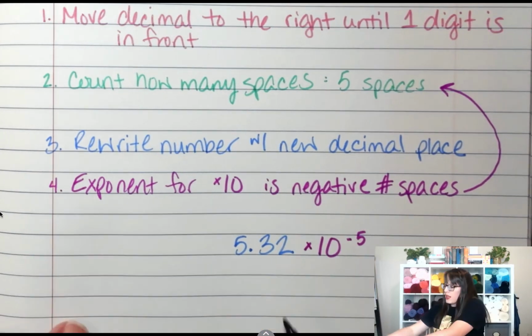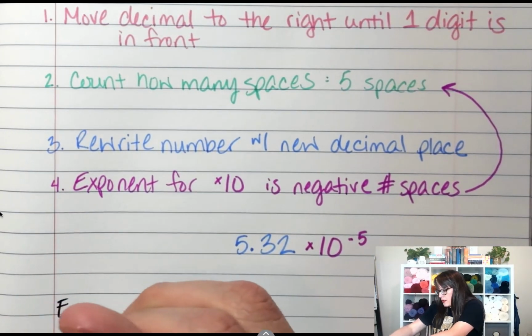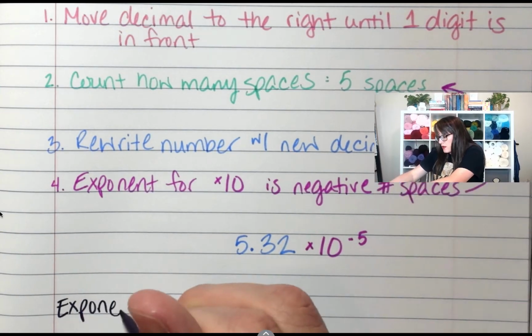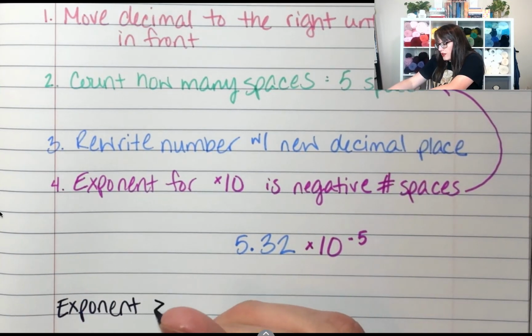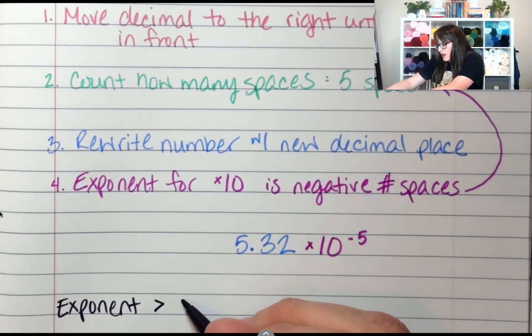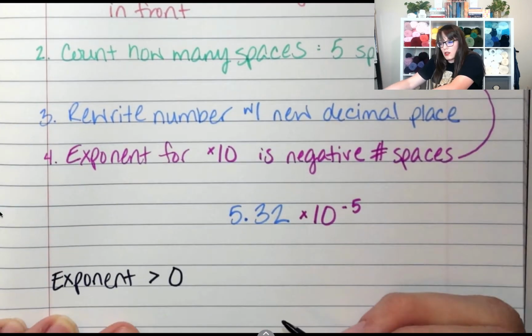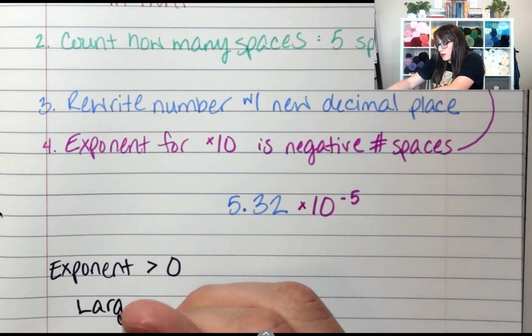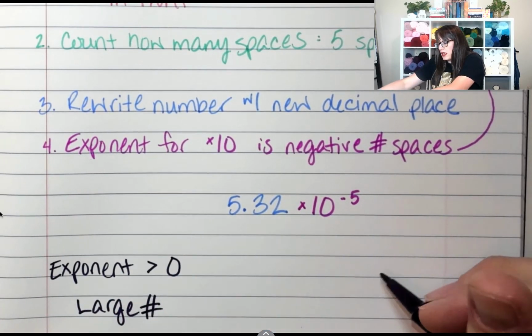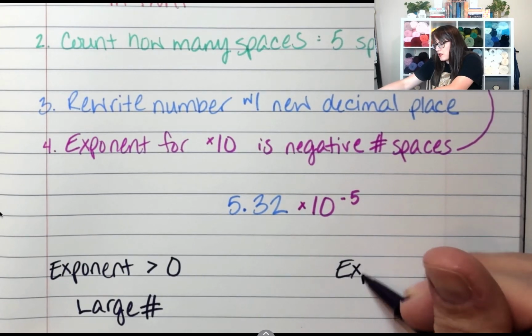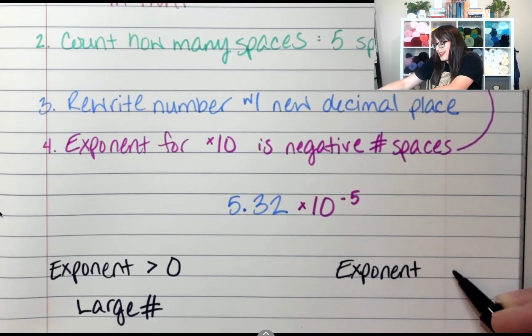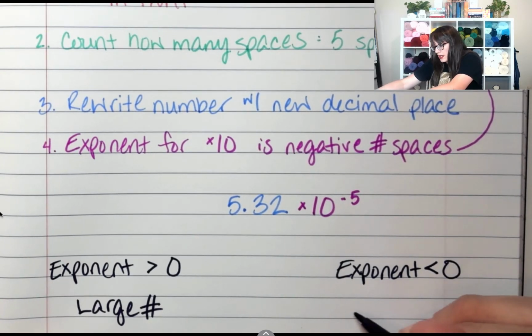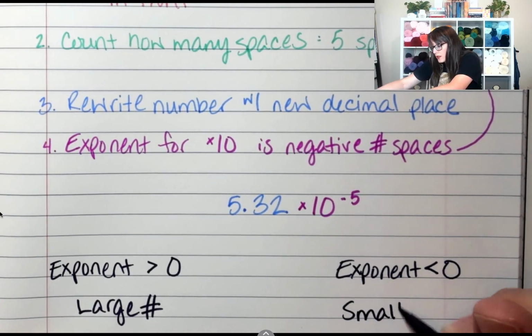Exponents. So if your exponent is greater than 0, it's a large number. If your exponent is less than 0, it is a small number.